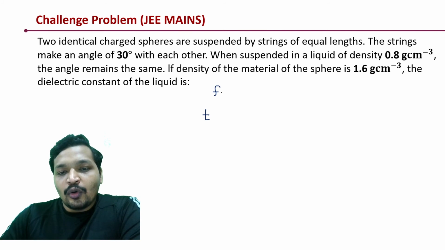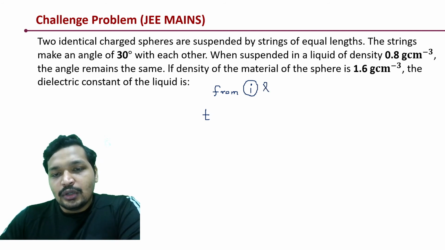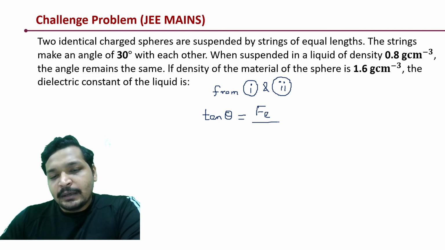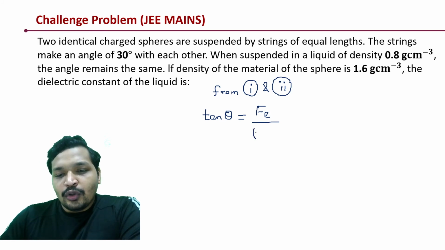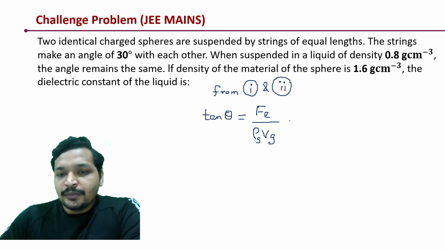So from 1 and 2, tan of theta is equal to how much? Fe divided by density of that solid into volume into G, which is equal to how much?